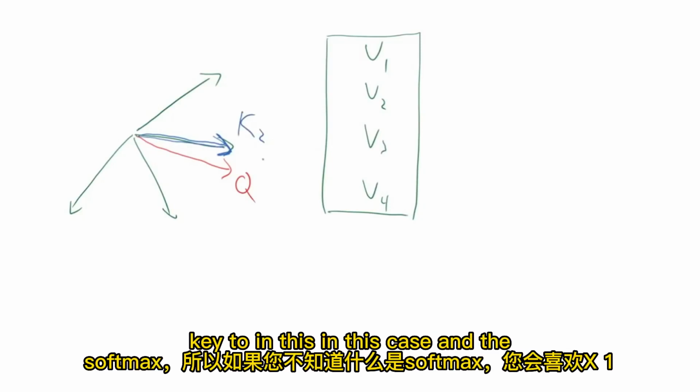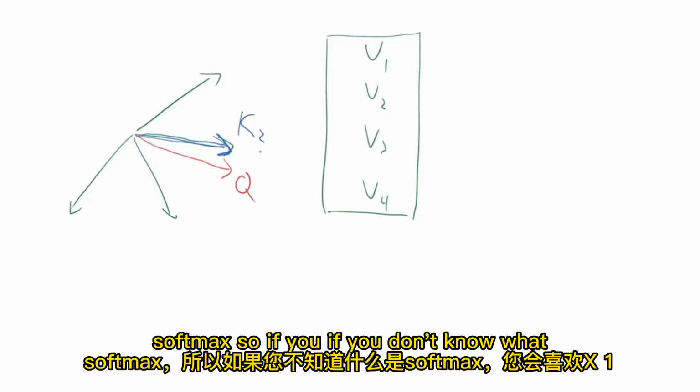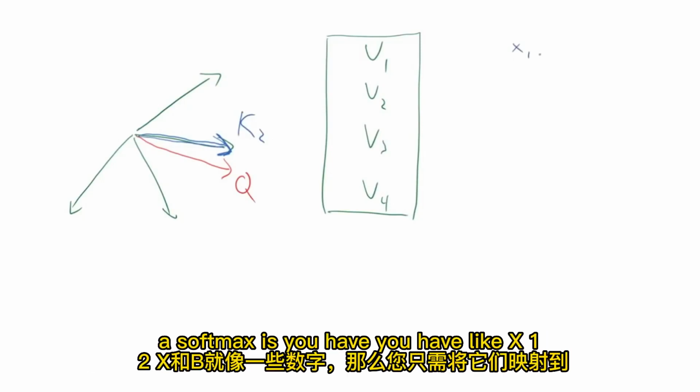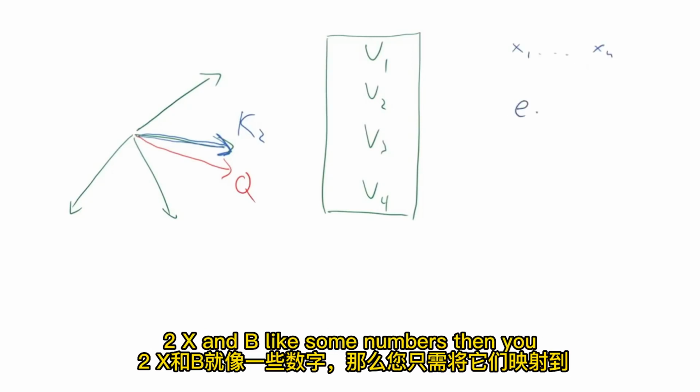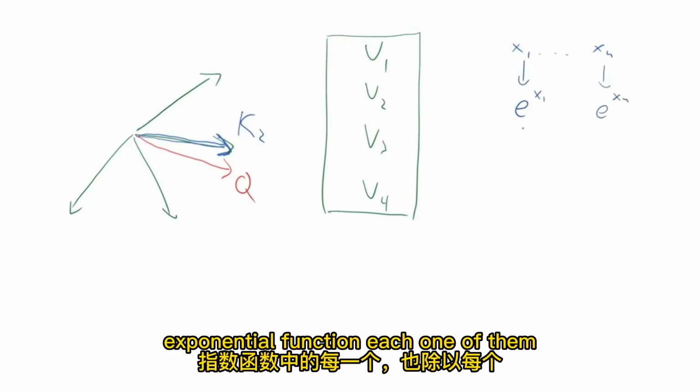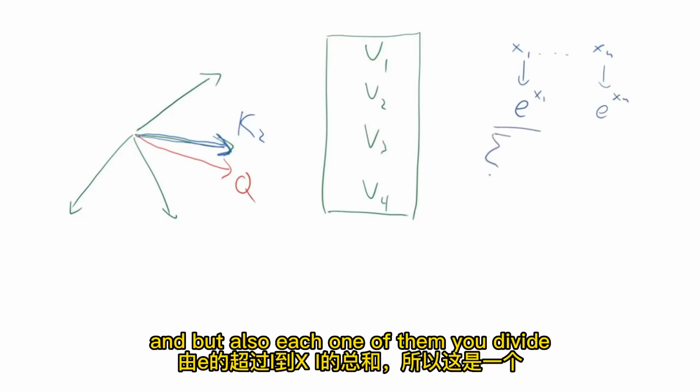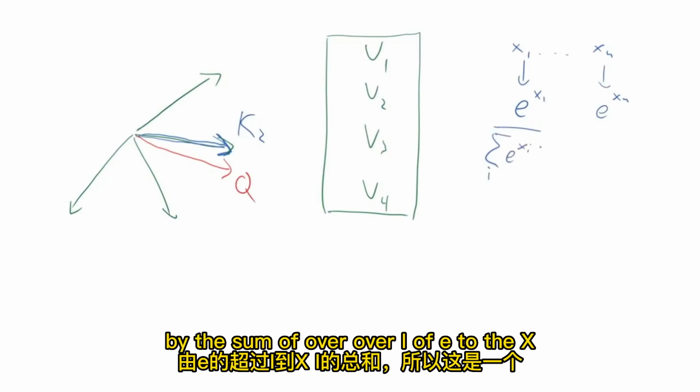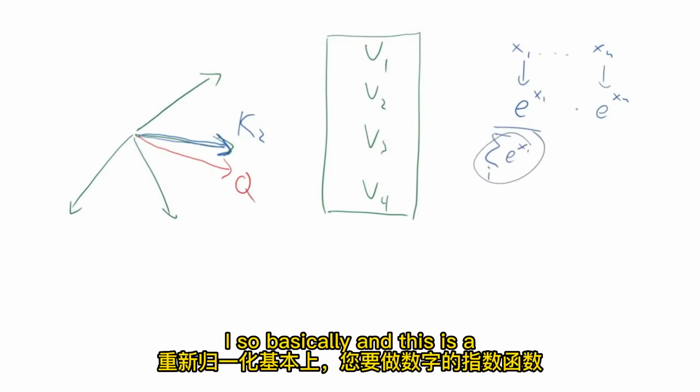And the softmax, so if you don't know what a softmax is, if you have x1 to xn be some numbers, then you simply map each one of them to the exponential function, and also each one of them you divide by the sum over i of e to the xi. So basically, this is a renormalization.